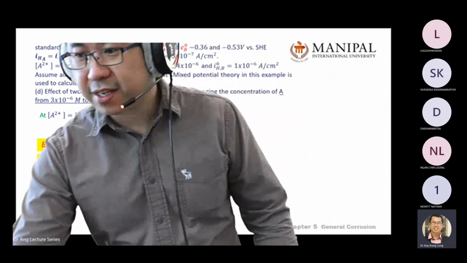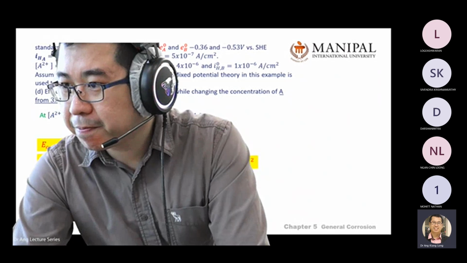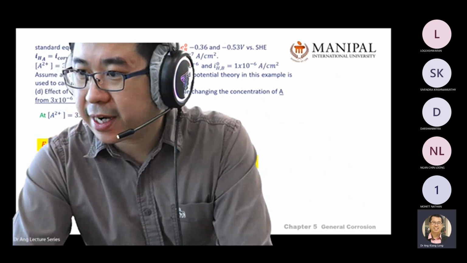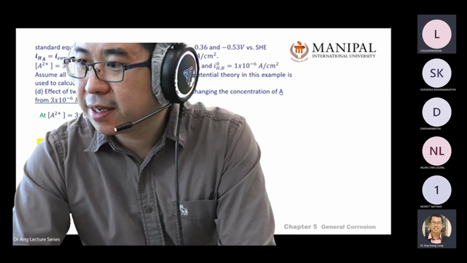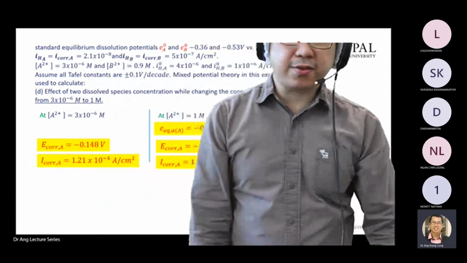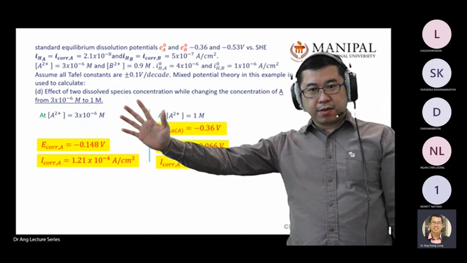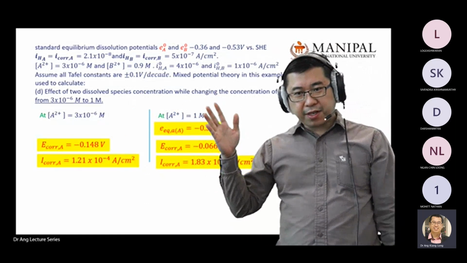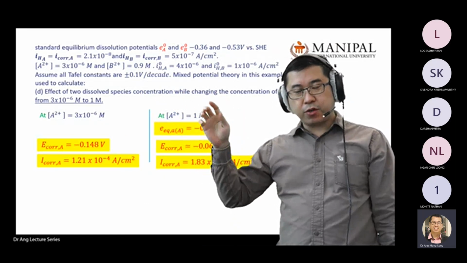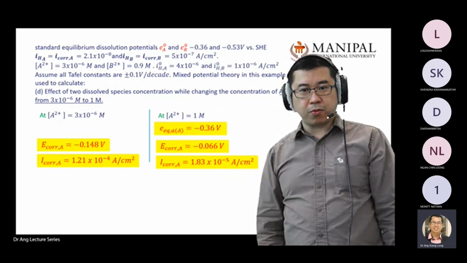Okay, before we go, I ask one question. Rogeswaran, are you there? Yes, sir. Okay, Rogeswaran, you look at the slide here. Just look at the numbers. Initial condition, you have less A. Then after section D, you increase the A element in the solution, become 1 mole.